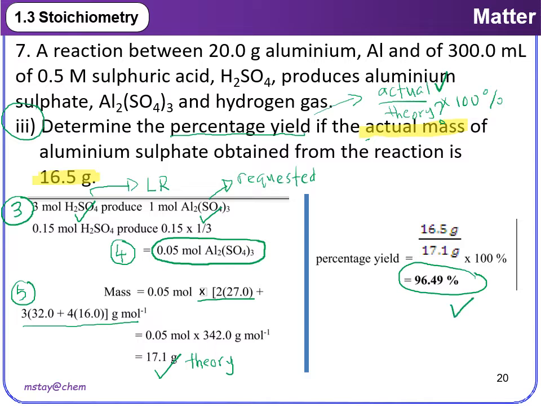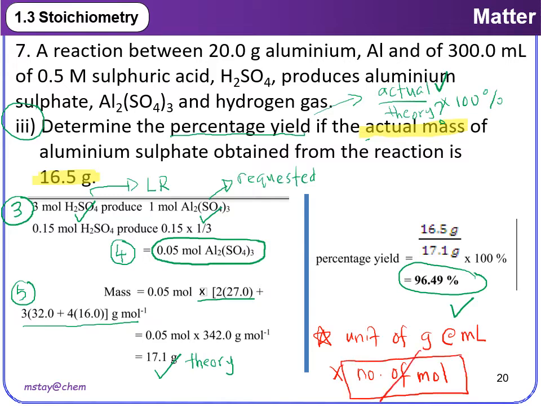So reminder again, if you want to determine the percentage yield, make sure the actual yield and the theoretical yield must be in the unit of gram, or milliliter when it is about the volume. Okay, don't substitute number of mole in the formula of percentage yield.